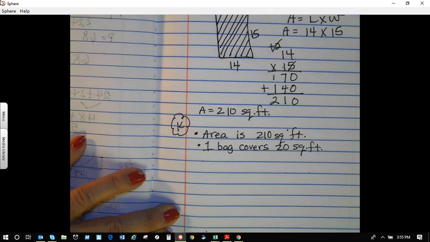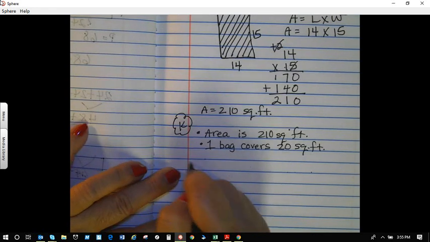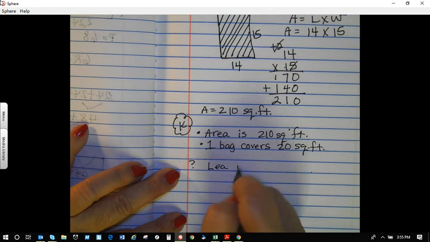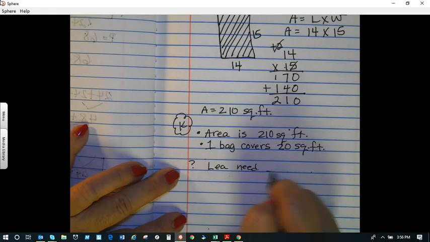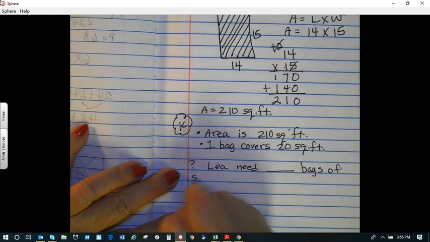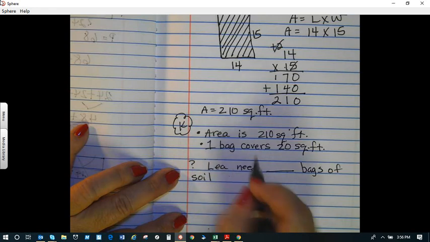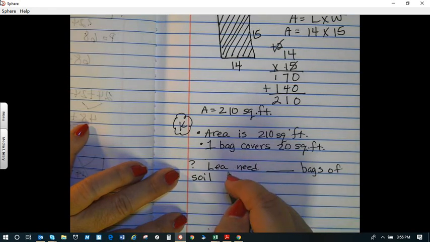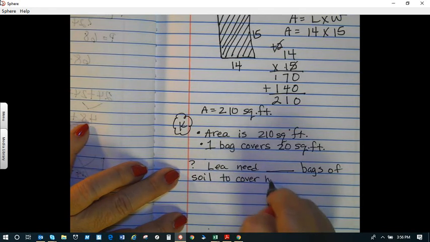All right. How many bags of soil? So I'm going to put my question. She, Leah, needs blank bags of soil to cover her garden.